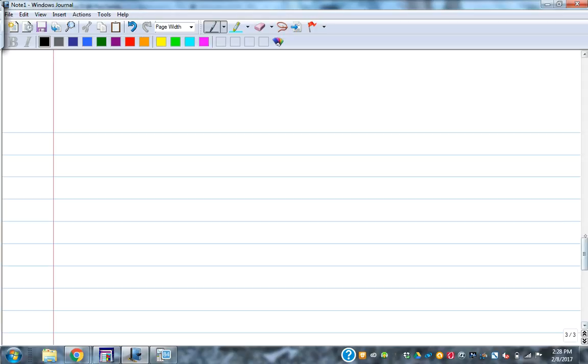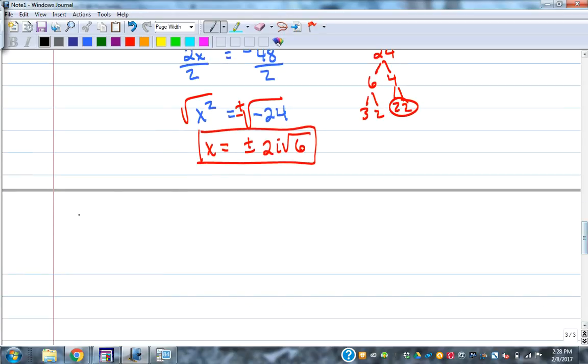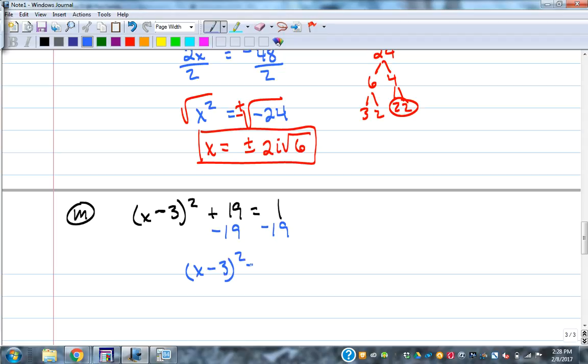Let's look at M. Let's say we had x minus 3 squared plus 19 is equal to 1. What do we do to that one? Move the 19, yeah. So x minus 3 squared is equal to negative 18.